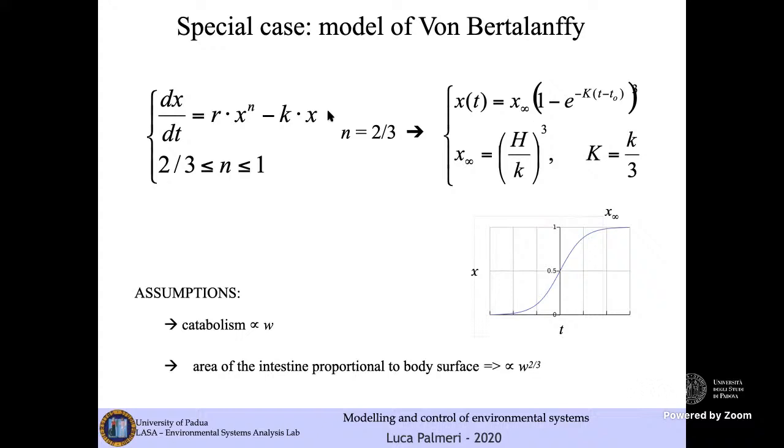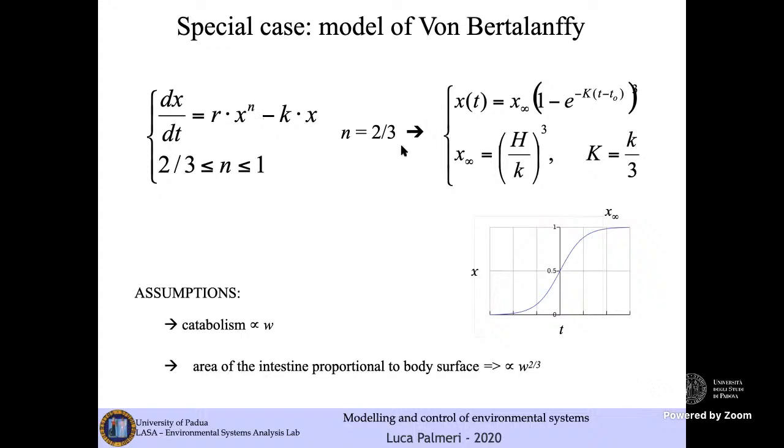We are in a case in which the second exponent, the exponent describing limitation, is larger than the first exponent, the exponent describing growth. Then we find from some experimental observation that a very diffuse value for calibrating these models when you deal with different organisms is that of putting the exponent equal to 2/3.